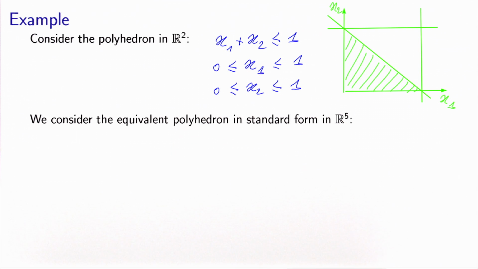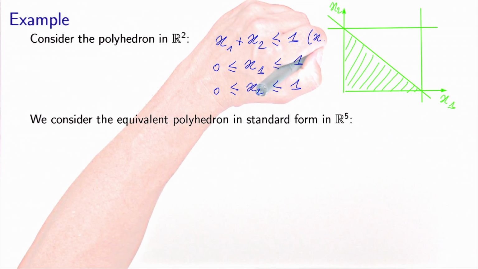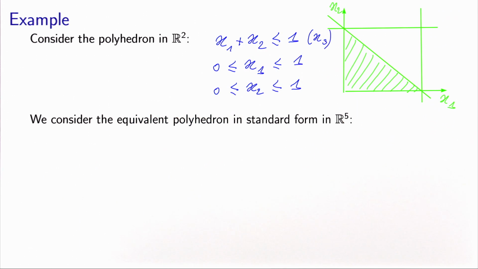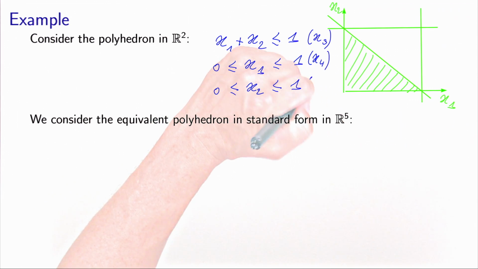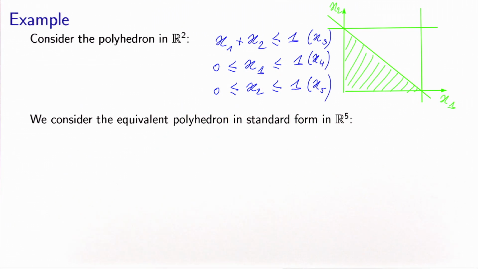In order to be able to calculate a feasible basic solution, we need to write this polyhedron in standard form. To do this, we will introduce a slack variable x3 for this constraint, another one x4 for this constraint, and x5 for this constraint.